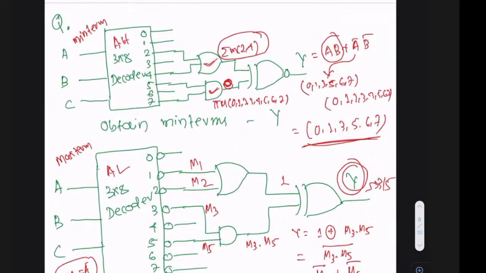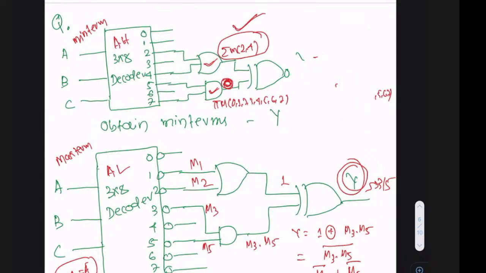In fact, the same story we could have applied in this case as well. In the first problem, the min terms 2 and 4, and this is 0, we got. So in this one, an alternate way to save some time is that Y is equal to 0 XOR with min term 2, 4. So it is basically the complement of min term 2 plus min term 4.